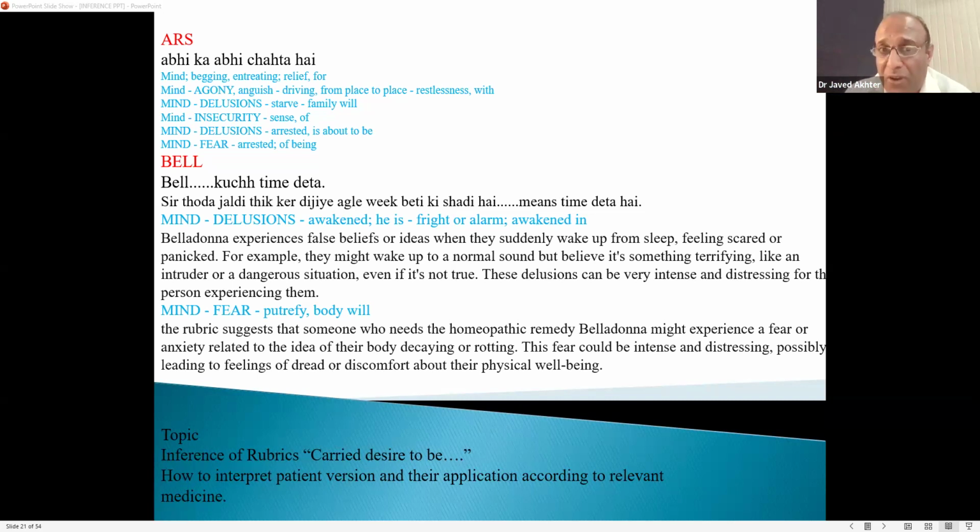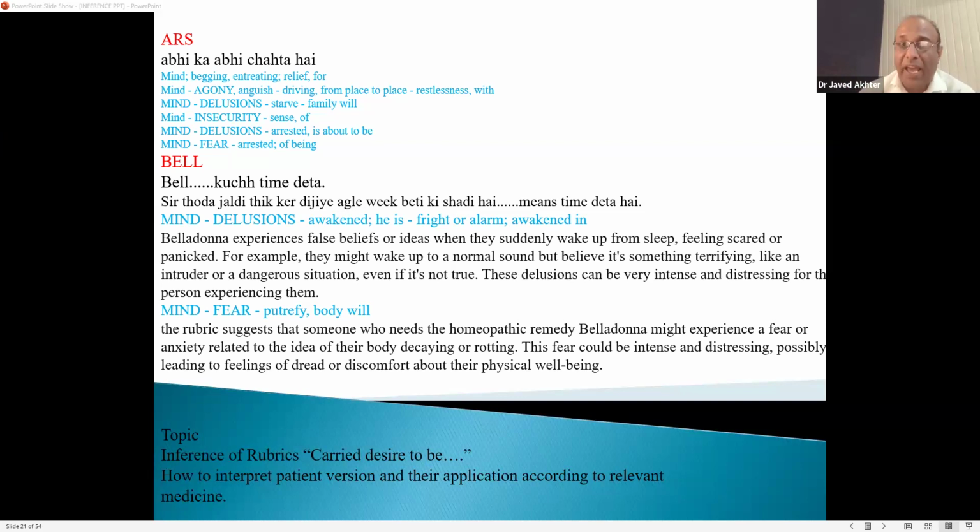Belladonna experiences false beliefs or ideas when they suddenly wake up from sleep, feeling scared or panicked. For example, they might wake up to a normal sound but believe it is something terrifying, like an intruder or a dangerous situation. Even if it is not true, this delusion can be very intense and distressing.